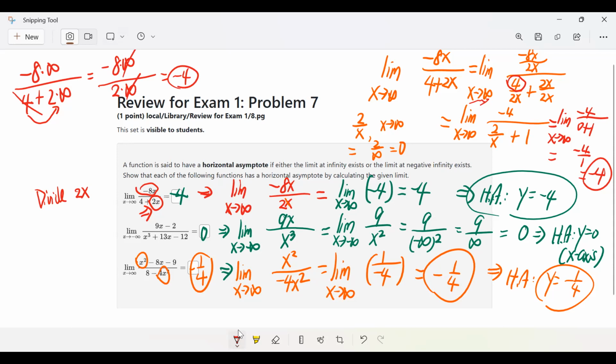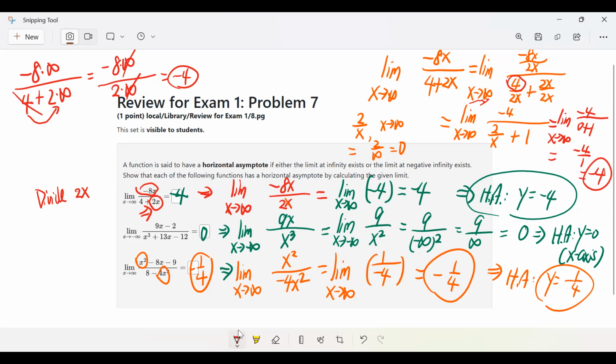If you put in a big number, like a million, and we divide, you get approximately negative 4. That's exactly what happens here. Hopefully this helps you understand this slightly better. The reason why I only keep the leading term is because only those two terms determine the end behavior of this limit.